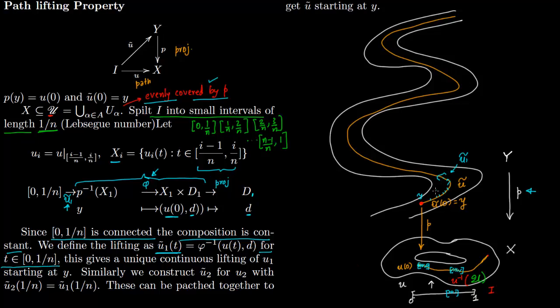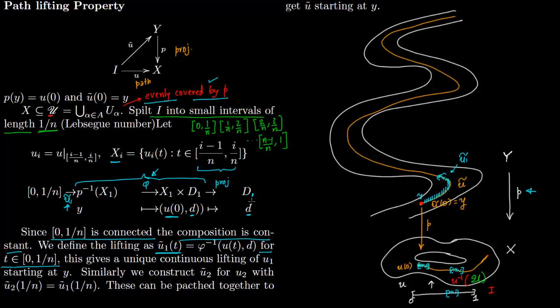So basically now we have succinctly defined this path right here. So this is u1 tilde. This is equal to phi inverse of, where phi is a continuous map, u of t comma this d, which is a constant.